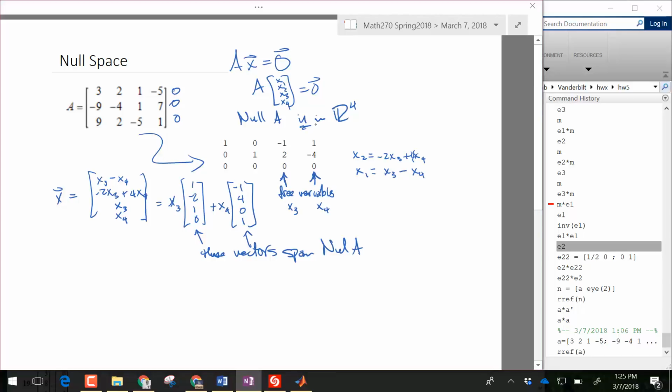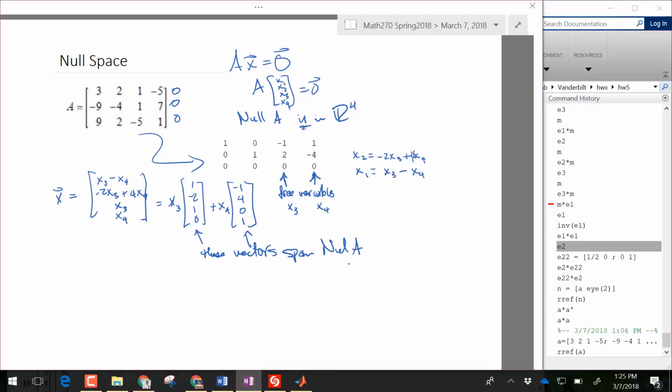So the null space is a subspace of R4. In fact, in this case, we found that the null space has two linearly independent vectors. And so the null space is a two-dimensional plane that lives in R4.